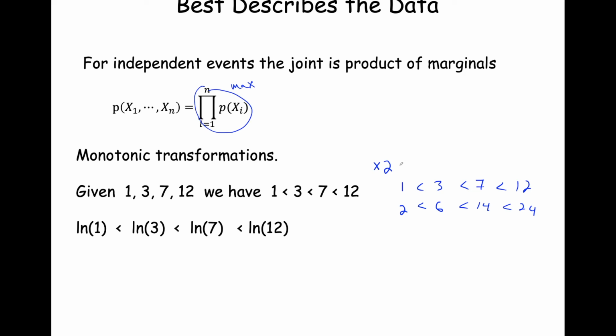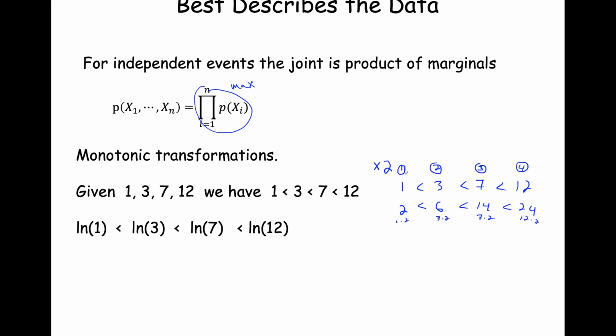Now, this is the first value, this is the second, this is the third, and this is the fourth value in my sequence. This is the same as 1 times 2, 3 times 2, 7 times 2, and 12 times 2.